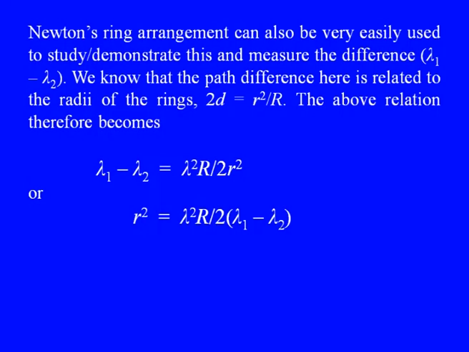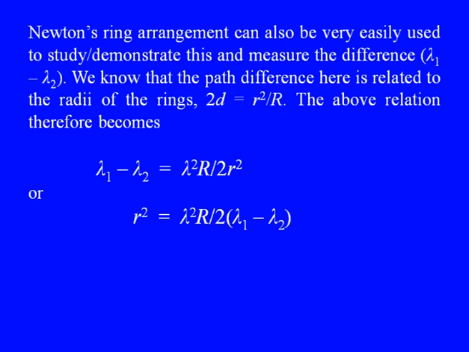Newton's rings arrangement can also be very easily used to study and demonstrate this and measure the difference lambda 1 minus lambda 2. You see, we know the path difference here is related to the radii of the rings. 2d is equal to small r square upon capital R. Small r is the radius of the ring, capital R is the radius of curvature of the plano-convex lens used in the arrangement.